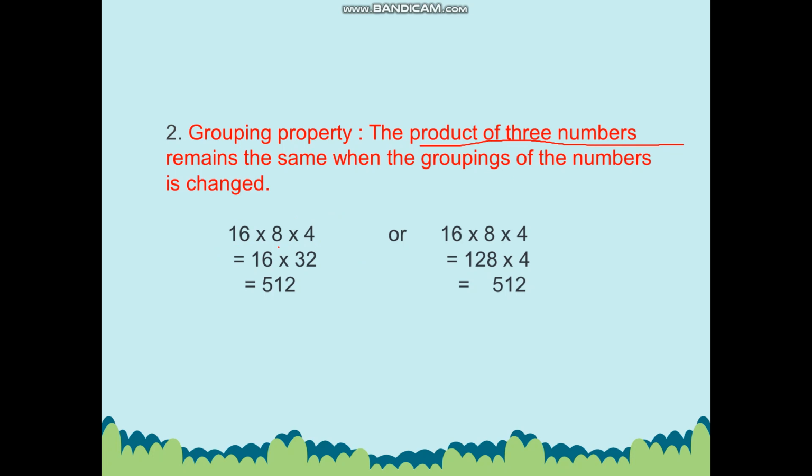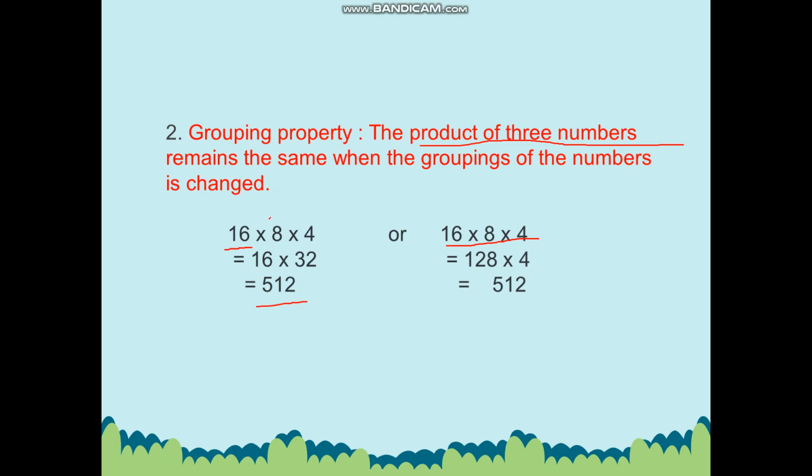First we multiply 8 into 4 and it becomes 32, and then we multiply it with 16. The answer is 512. In the next case, the numbers are the same, 16, 8 and 4, but this time we have changed the grouping.